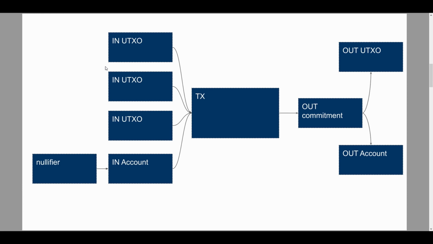Input UTXOs are considered spent because we have a spend interval field in our account structure, and we increment this interval. All UTXOs belonging to the account owner are considered spent if they are inside this interval.